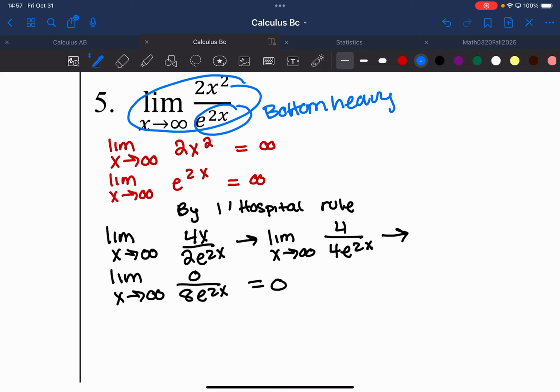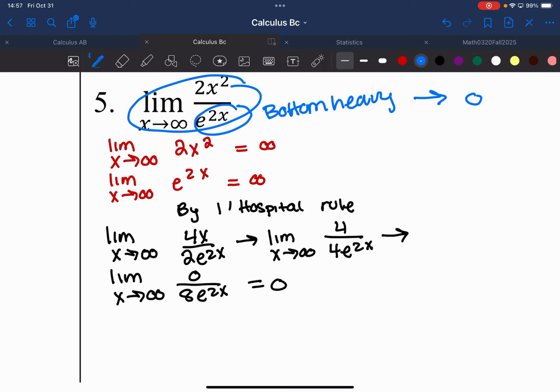Good, because it's an exponential function, which means exponential functions grow at a faster rate than what function on the numerator? A quadratic. So they grow faster, which makes it bottom heavy. When our fractions are bottom heavy, they're going to approach 0. Okay, so two different ways to look at that, especially since x is approaching infinity.